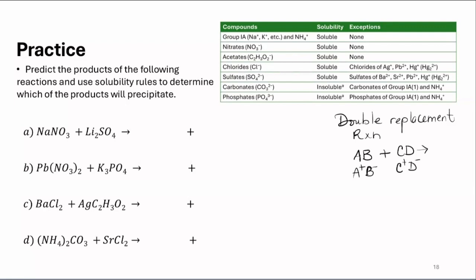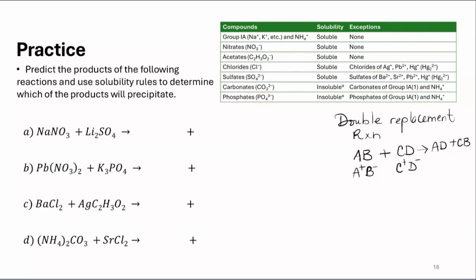Overall, in a double replacement reaction, these two ionic compounds are going to exchange partners. So we are going to have a new ionic compound represented by the letters A and D, and a new ionic compound represented by the letters C and B. Remember that the chemical formulas for ionic compounds are always cation followed by anion.